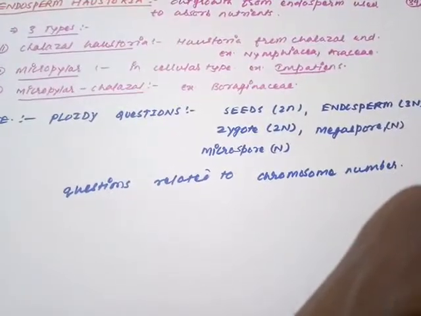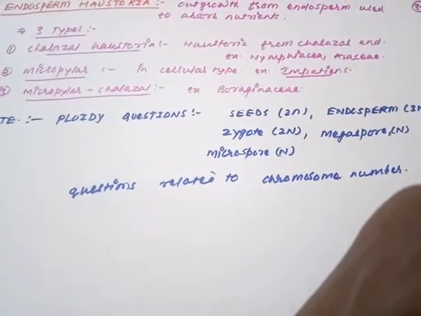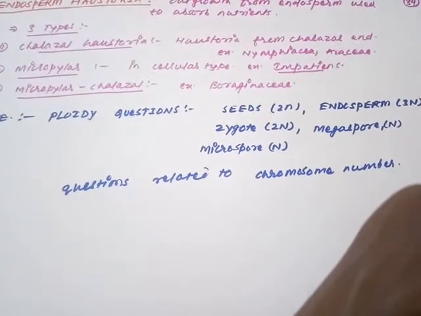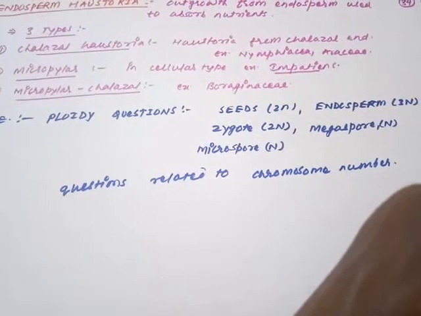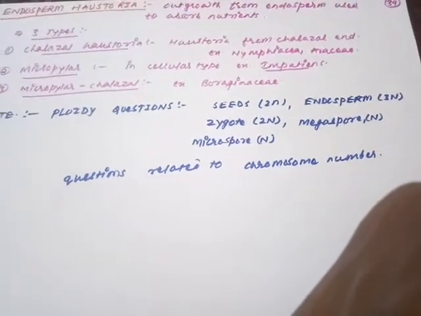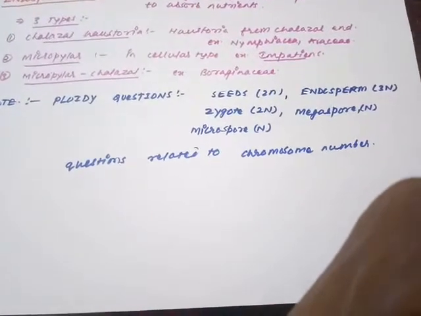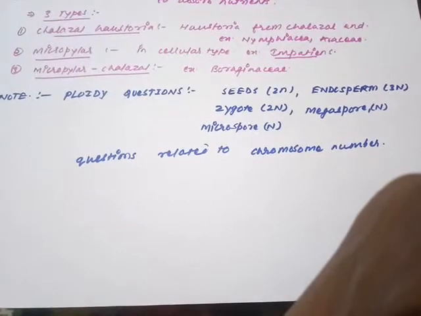In the families Nymphaeaceae and Araceae. Where can we report the micropylar haustoria? In Impatiens only, found in the cellular type of endosperm, and the micropylar chalazial type of haustoria is present in the family Boraginaceae.